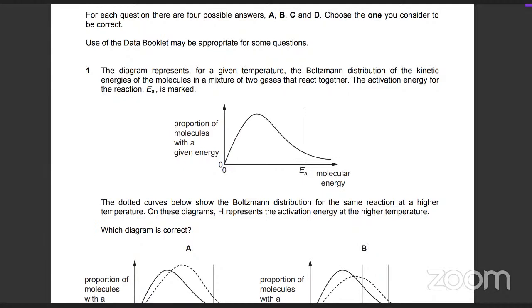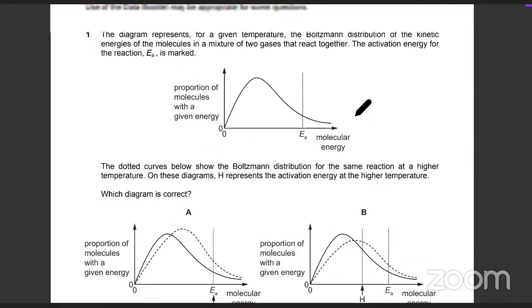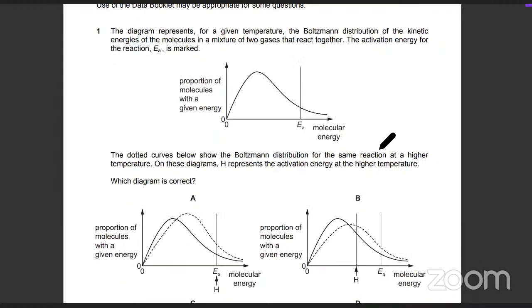So now starting with the first question, Boltzmann distribution. This is a Boltzmann distribution. It's the distribution of molecular energies. Which dotted curve below shows the distribution for the same reaction at a higher temperature? He wants the distribution at a higher temperature, and on these diagrams, H represents the activation energy.